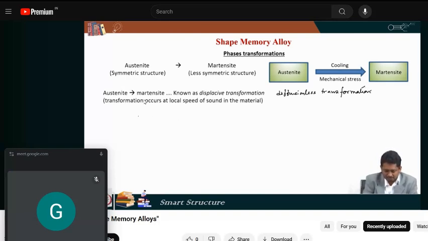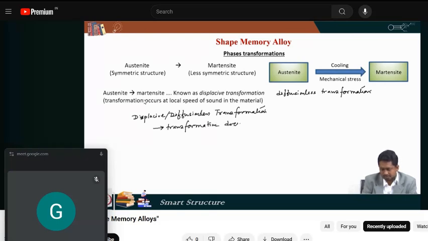And that simply means, displacive or diffusionless transformation, this means that the transformation does not involve large atomic movement.